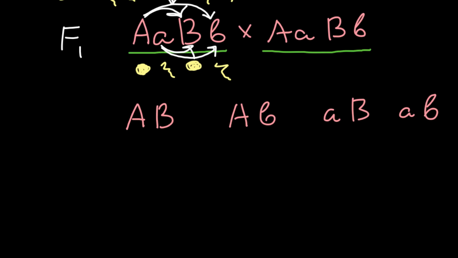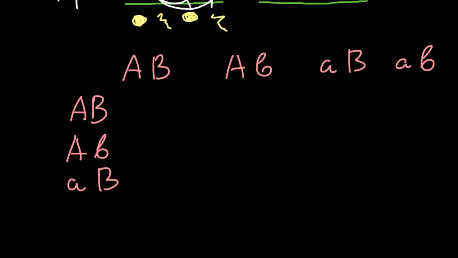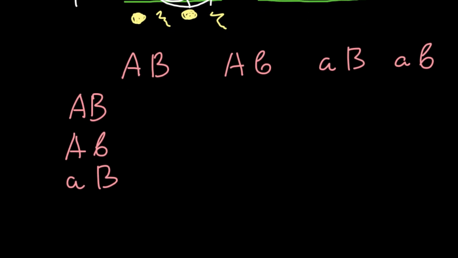Once again, this is going to be the genotype of parent 1, and parent 2 has the same genotype. That means that parent 2 would also produce the same types of gametes. So parent 2 would produce capital A, capital B gametes, capital A and small b gametes, small a and capital B gametes, and small a and small b.